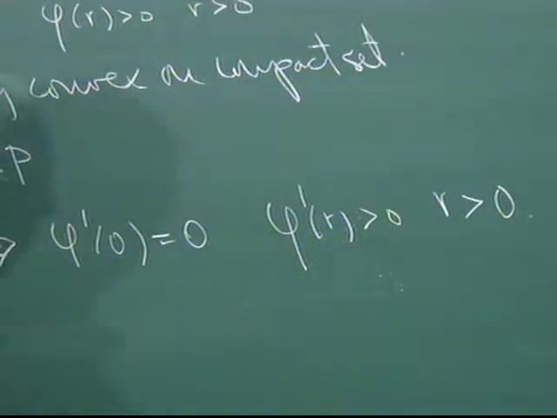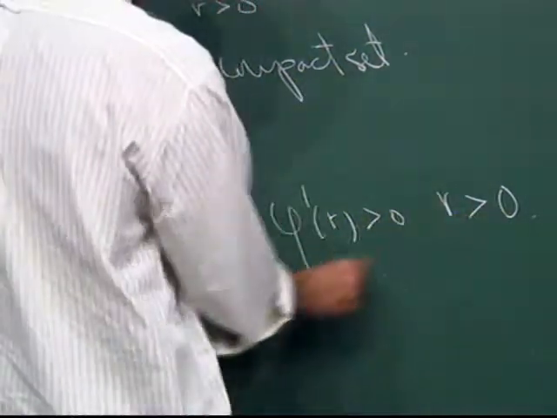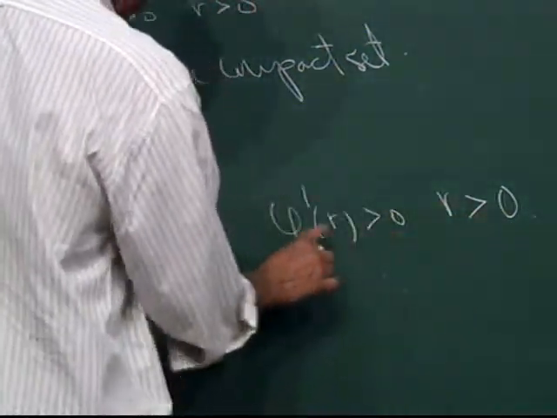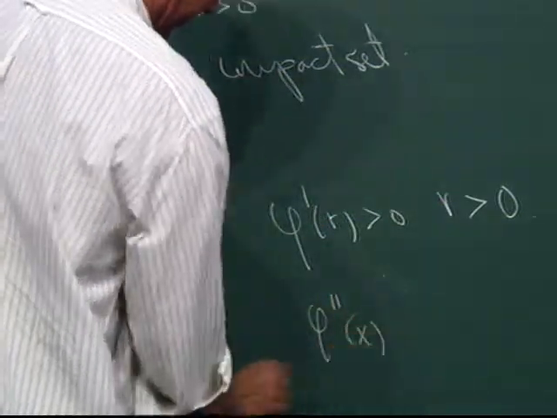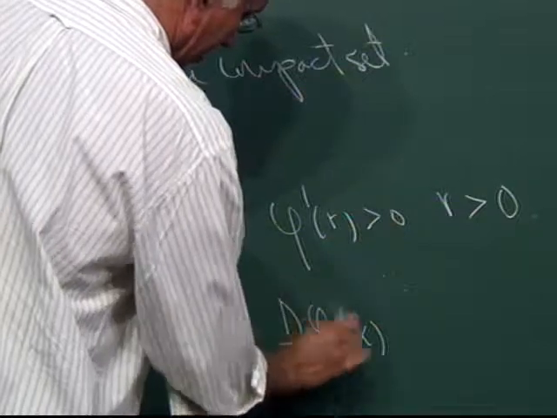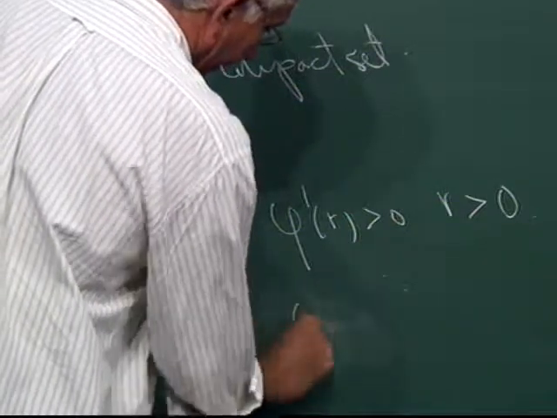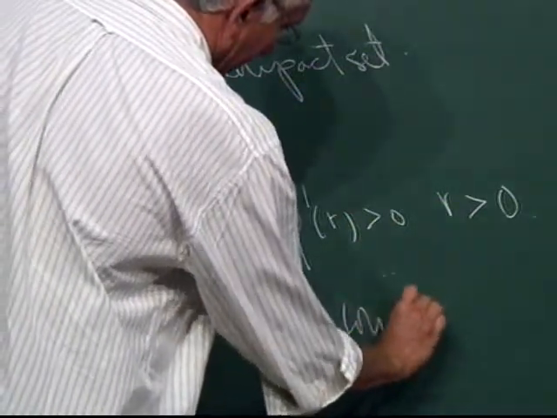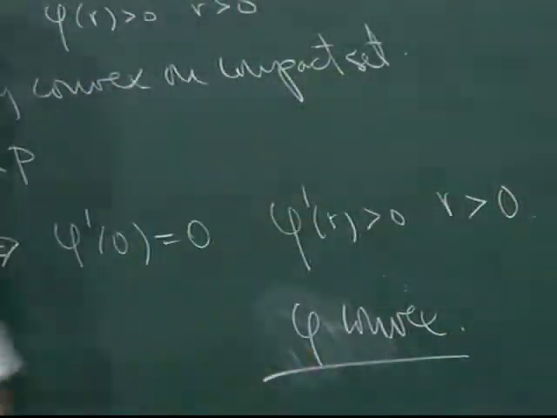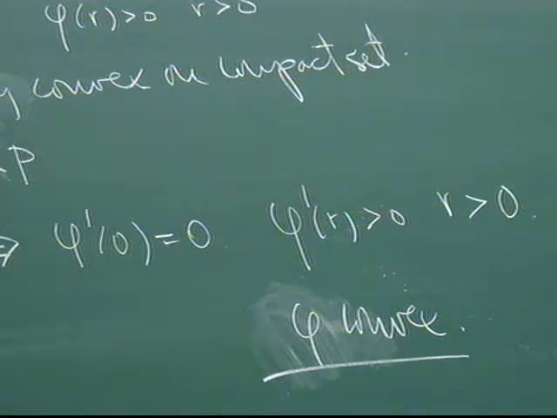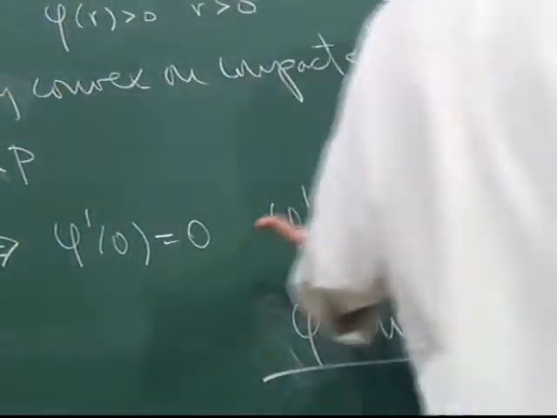And in fact, this function has to be increasing because this one is convex. This function is convex. Then this is going to be increasing. Therefore, you have a control from below.